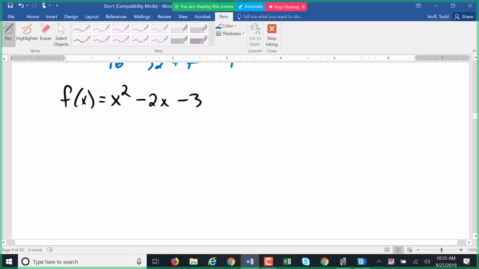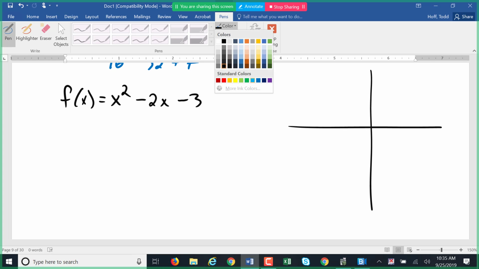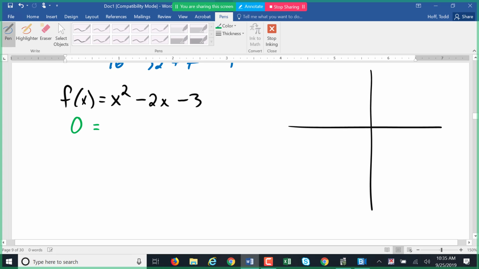But let's just go ahead and find our roots and work from there. Put in 0 here for y, and factor. Well, that's going to be x minus 3, x plus 1.